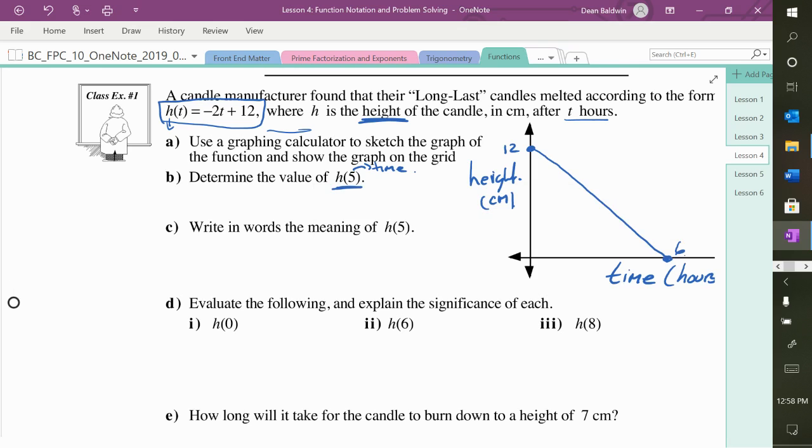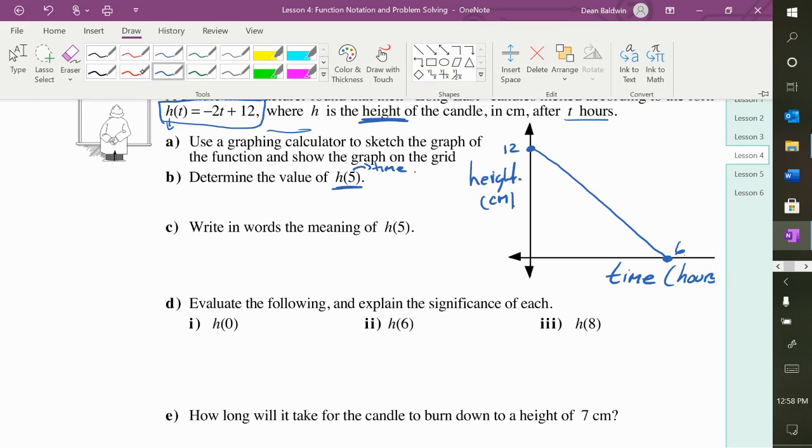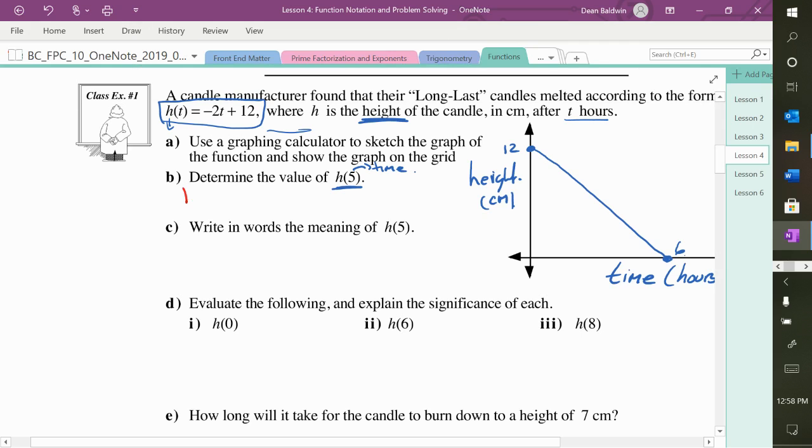So h of 5 is negative 2 times 5 plus 12. Negative 2 times 5 is negative 10, plus 12 is 2. So 2 centimeters.